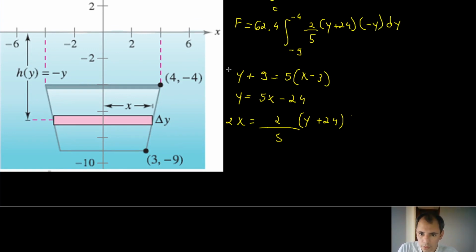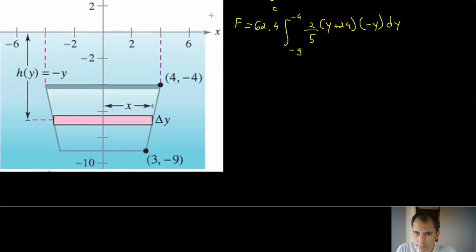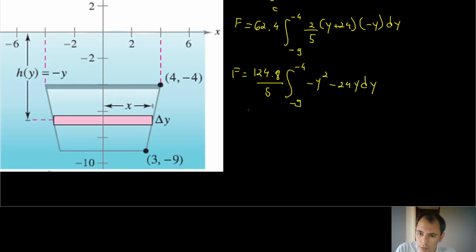Okay. So let's just erase this. And now, the force is going to be equal to, I'm going to get this 2/5 out of here because it doesn't matter. So it'll be 124.8 divided by 5 times the integral from -9 to -4 of minus y squared minus 24y dy.